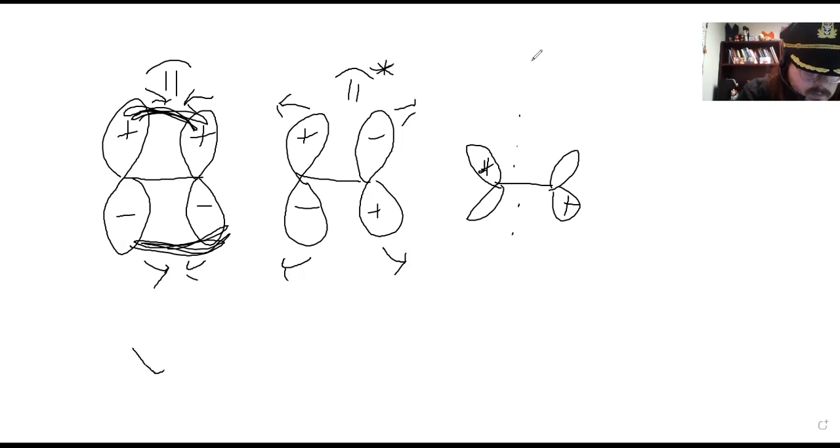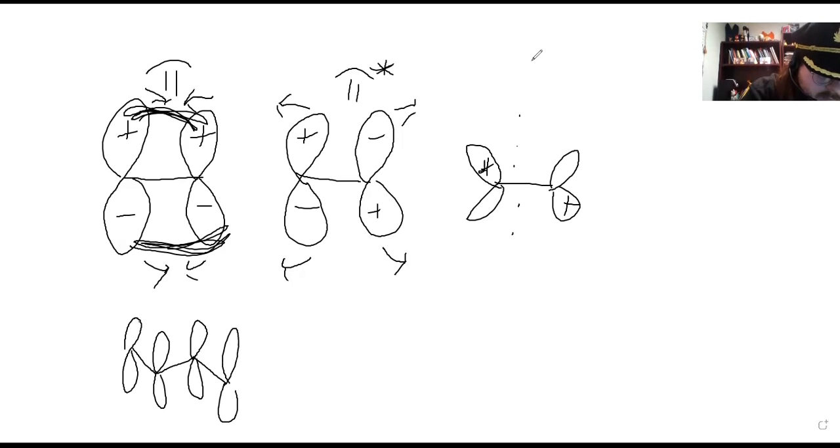In 1,3-butadiene, we can have four different types of densities, different types of bonding overlap. Looking at all of our p orbitals, plus, plus, plus, plus. That means all the other ones are minus. This shading we're going to call pi 1. There's no region of zero electron density, no nodes, in that structure.